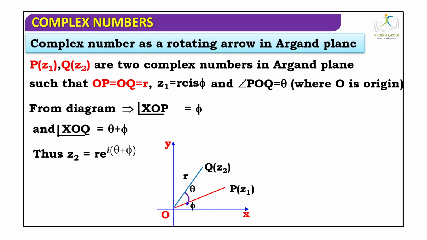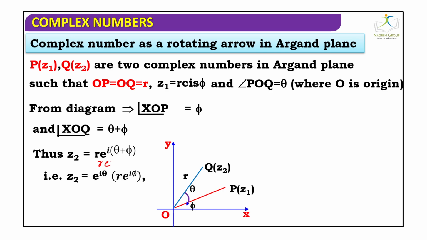Z2 equals R e to the iota with angle, and the angle is theta plus phi here. Right, students? Now Z2 equals e iota theta times R e iota phi. Right? How are we writing it? We are separating it. Can we separate it? Yes.